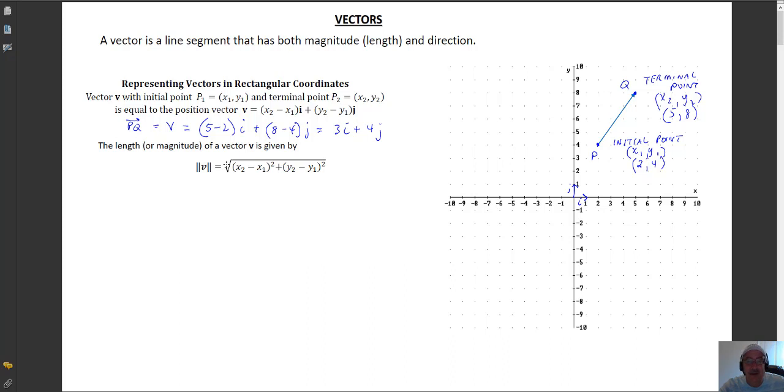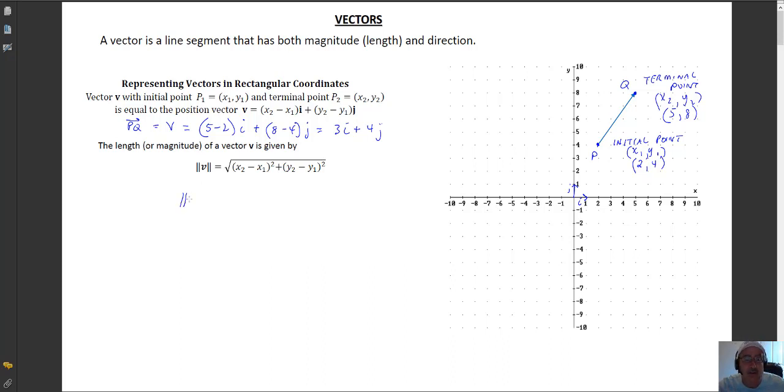Now the length of this vector, we're going to use this formula. You may remember this from your old pre-calculus or high school geometry or college algebra. This is the distance formula, and the magnitude or length of the vector is designated by double absolute value symbols.